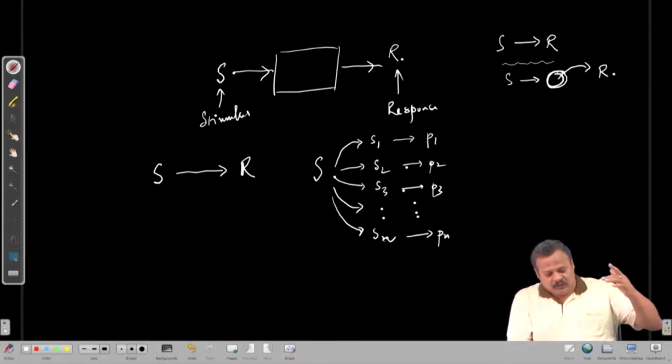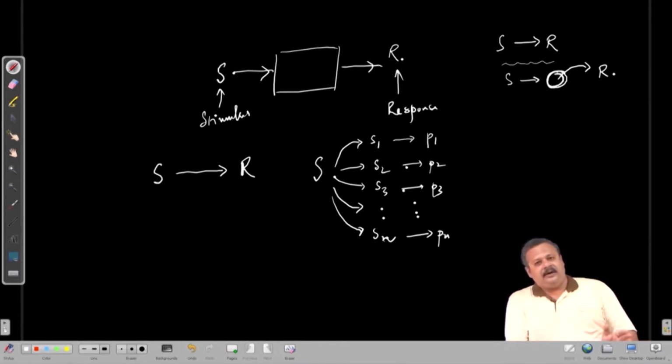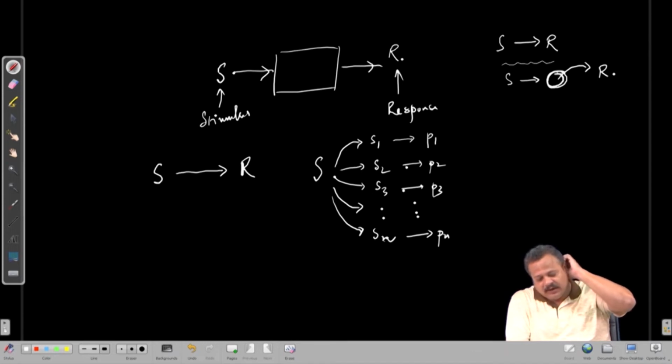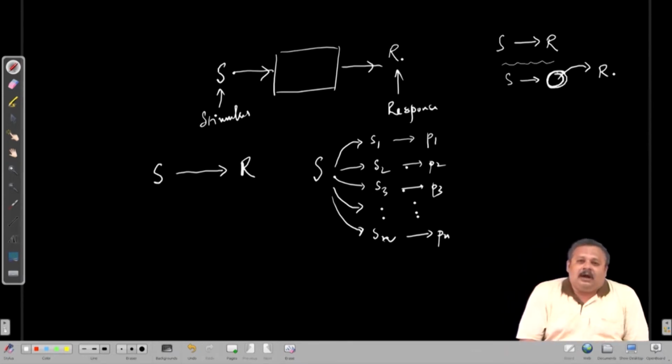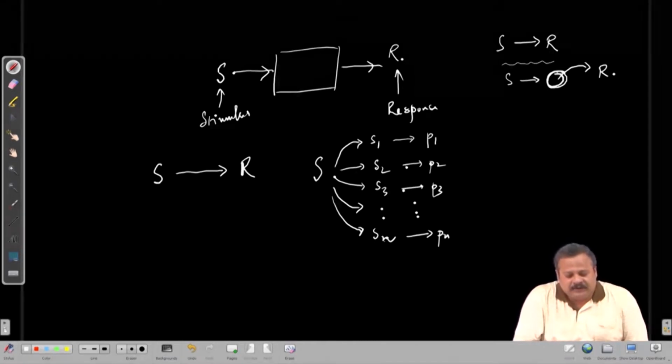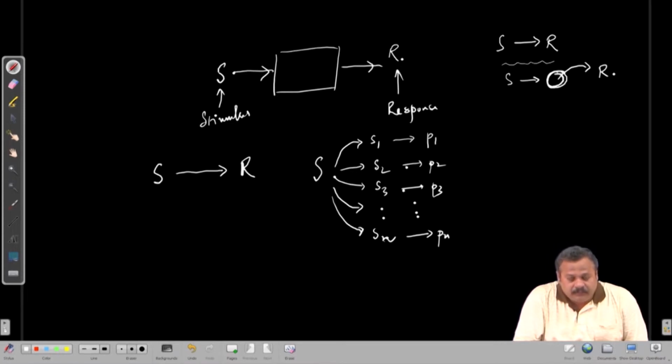In that case it is those S1 to Sn that we will be using in the experiment, recording responses for each of them. The probabilities of S1, S2 and all the stimuli are in the hands of the experimenter, and usually the idea is to give a uniform probability to each of them, S1 to Sn, that is 1 over n each.